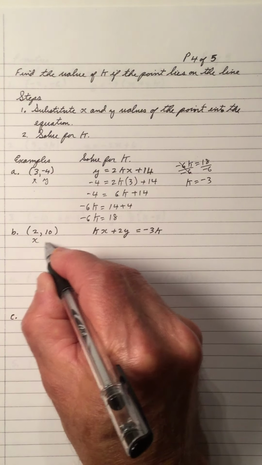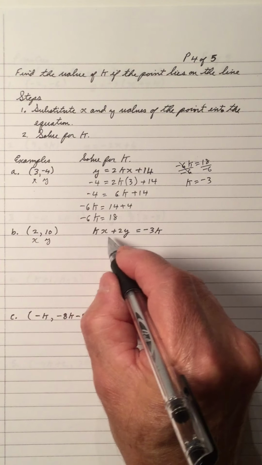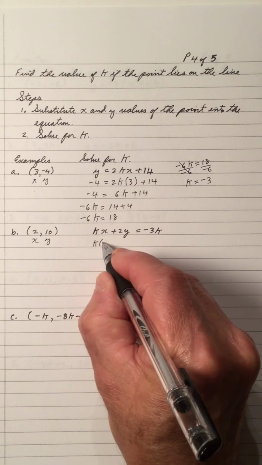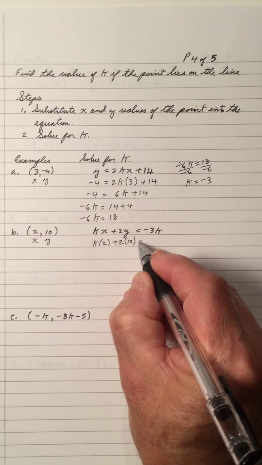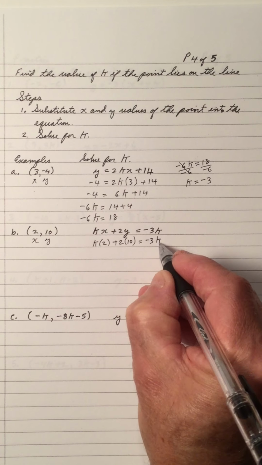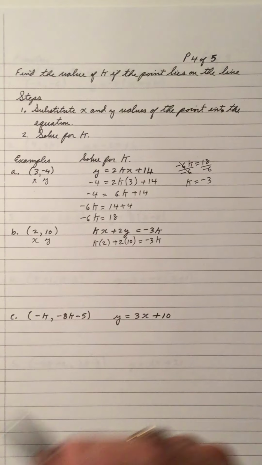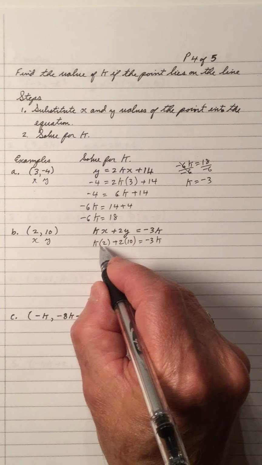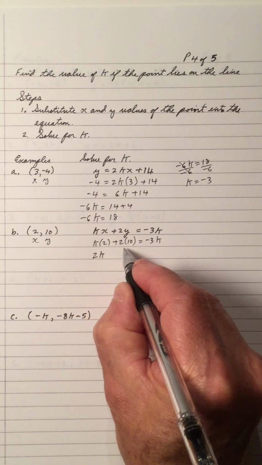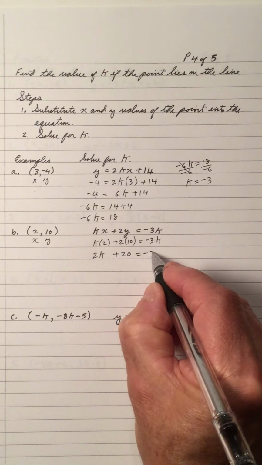So x is 2, y is 10. So we put x is 2 and y is 10. So we sub it, no matter what the equation looks like. You're putting 2 in the place of x, 10 in the place of y, and then you work the equation. So we have k times 2 is 2k. 2 times 10 is 20 equals negative 3k.